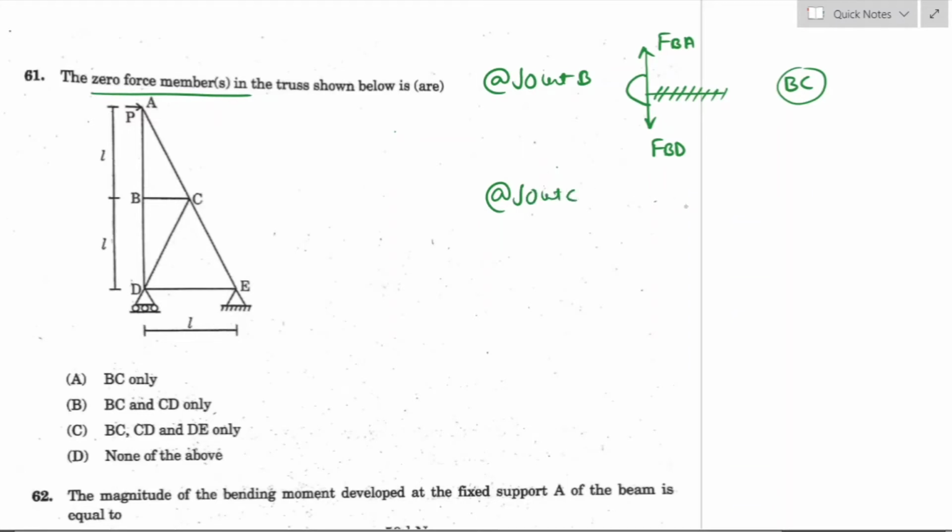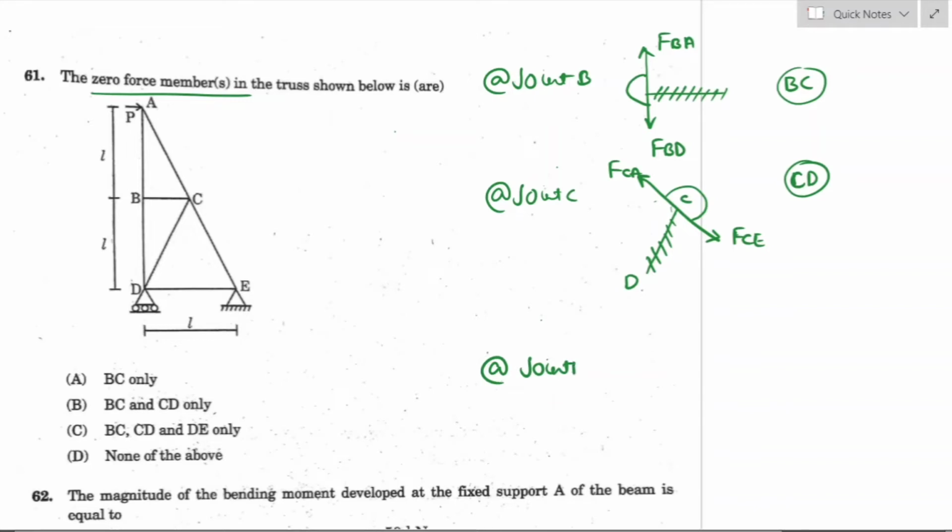Similarly, at joint C, this is the joint C. The force along FCA and force along FCE act in the same plane. So the force along the member CD will be 0. So CD member is a zero force member.